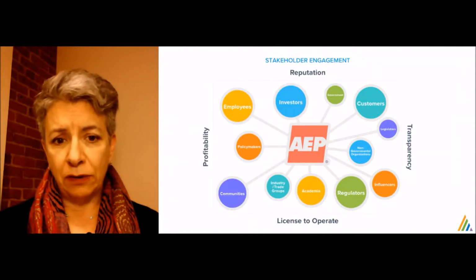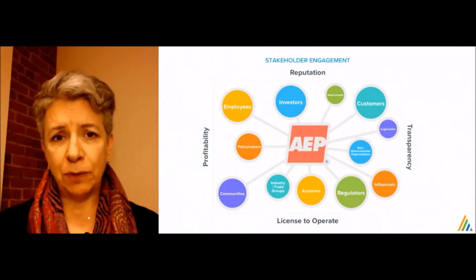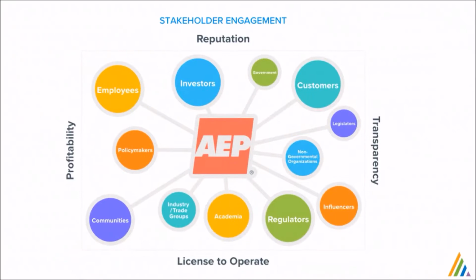Here's another graphic I like from American Electric Power. They're leaders in integrated reporting, and this is talking about stakeholders, which is a type of relationship capital. But they're explaining here that it's these relationships that are key to the company's ability to maintain a strong reputation, to ensure transparency with the market, which in turn gives them a license to operate and is linked with their ability to create profits.